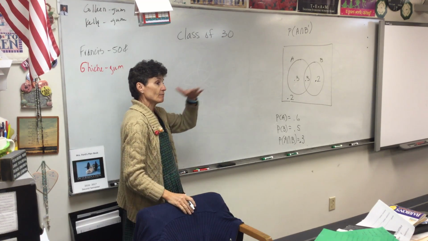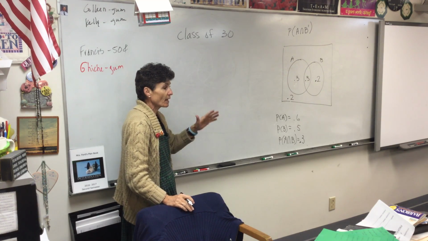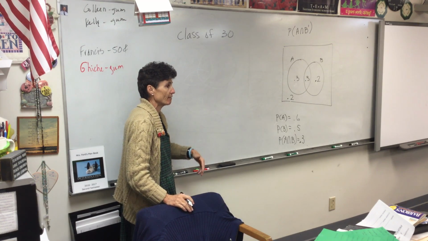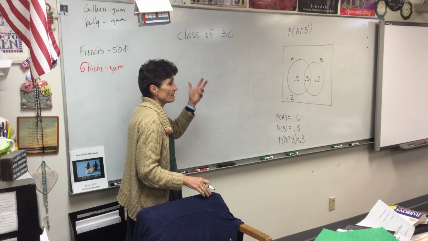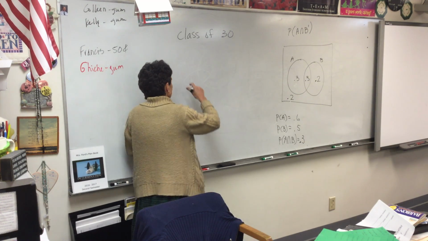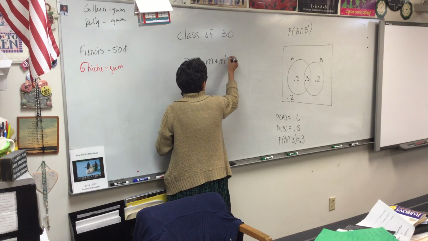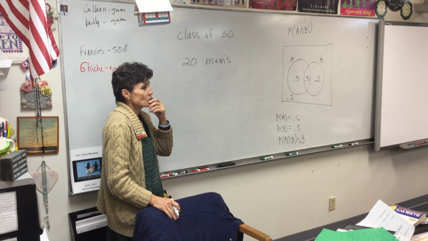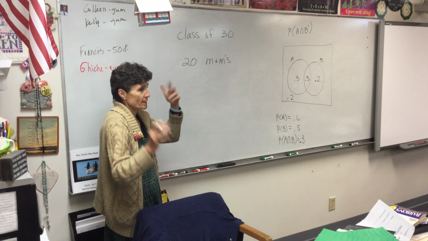And I know that every single person in the class likes some kind of candy. Okay? Likes candy of the kinds I have. So I say, okay, kids, raise your hand if you like M&Ms. And 20 hands go up, they like M&Ms. Okay? And I say, all right, raise your hand if you like Hershey Kisses.